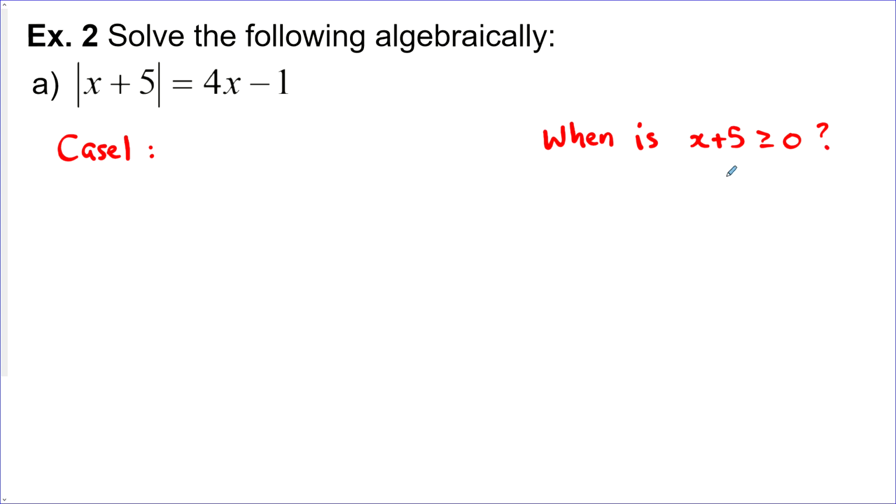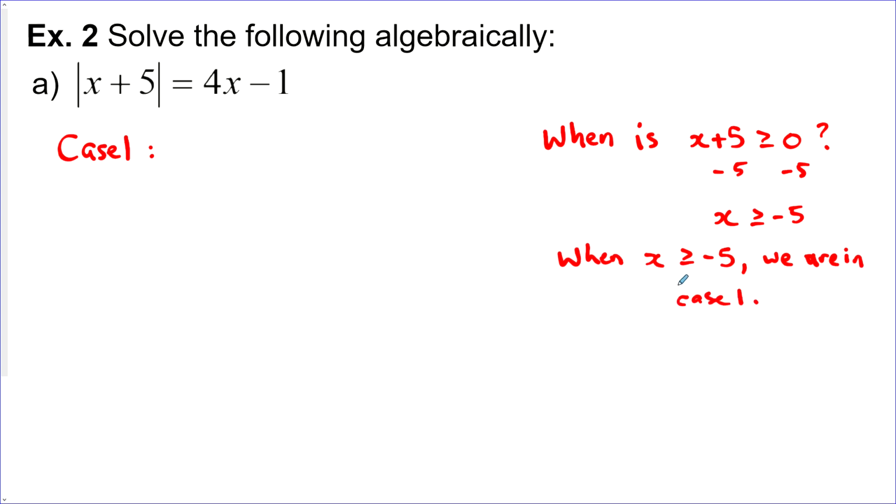So let's do some algebra. Subtract 5 on both sides, and we'll get that x is greater than or equal to -5. So we could say when x is greater than or equal to -5, then we are in case 1.